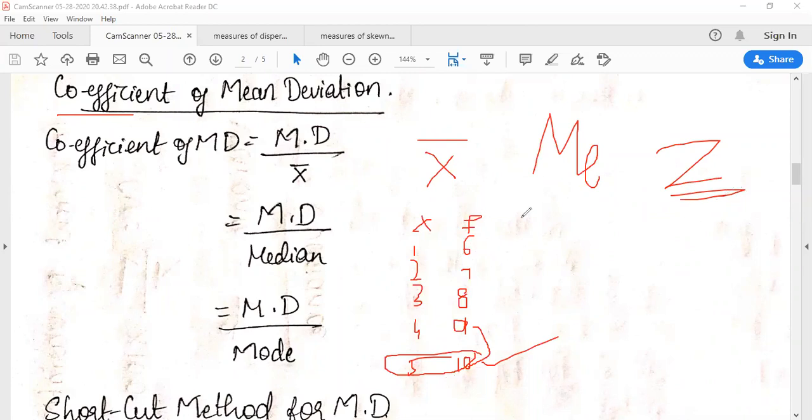Now if the frequencies for x, which is 2 3 4, were 15 and then 7, then 15 is the highest frequency and the next highest is 7.